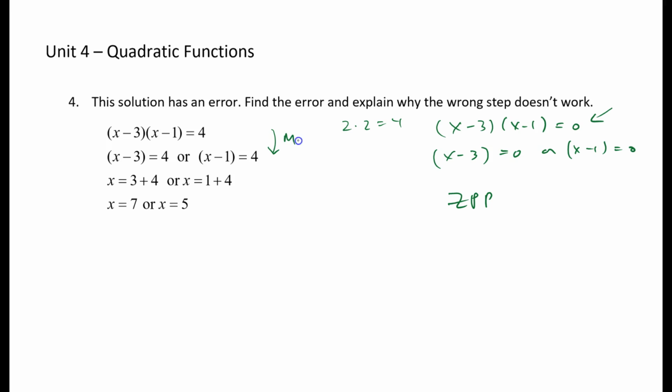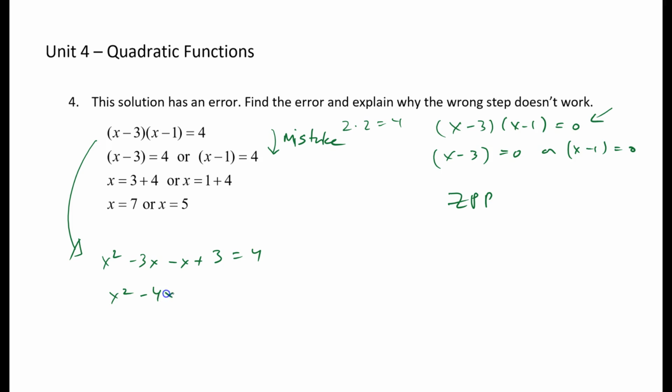So this was the key mistake in this problem. If you were going to solve this one for real, you'd actually multiply this out to get x squared minus 3x minus x plus 3 equals 4.